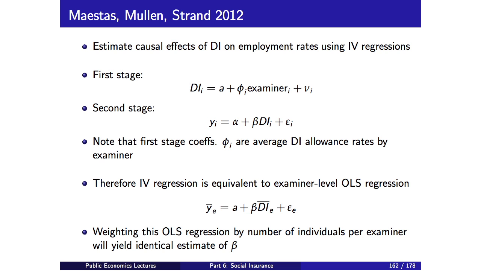And what you're estimating here are each examiner's fixed effect, right? So that's basically going to recover the mean probability of DI approval by examiner. The second stage then regresses the outcome, like earnings or employment, on whether you got DI or not, and we're instrumenting for DI using these examiner fixed effects, right?